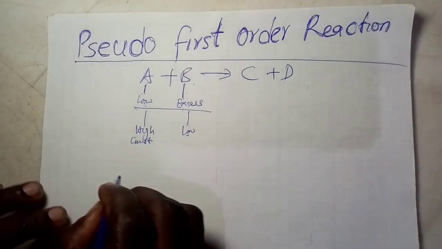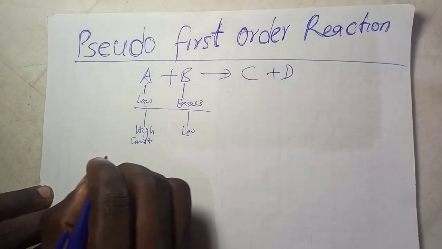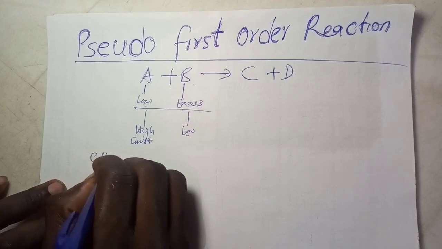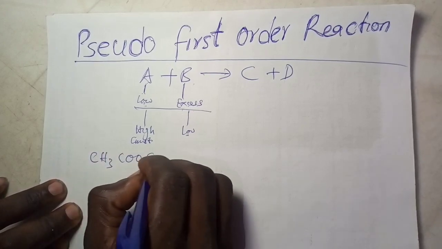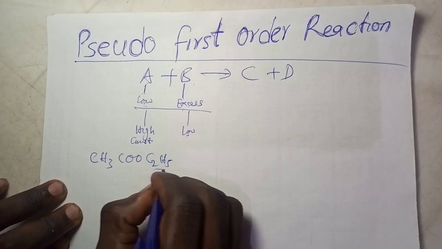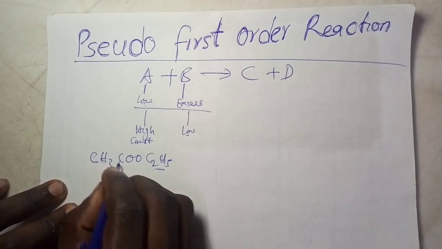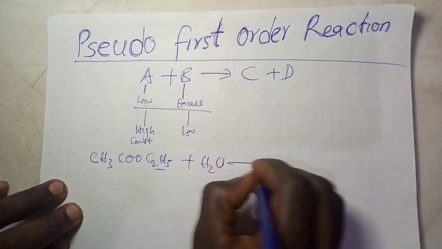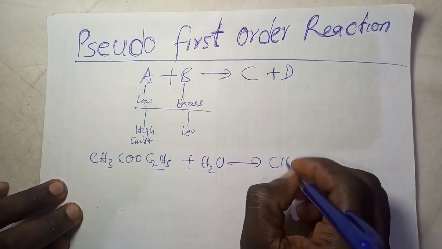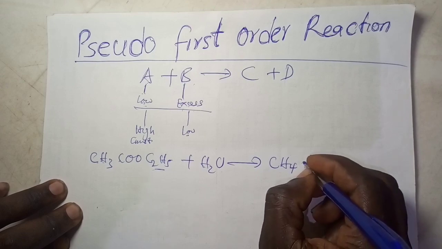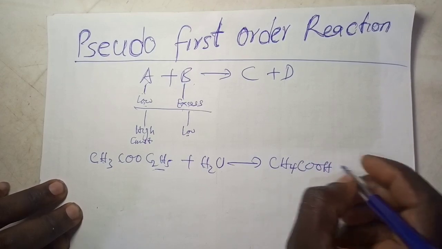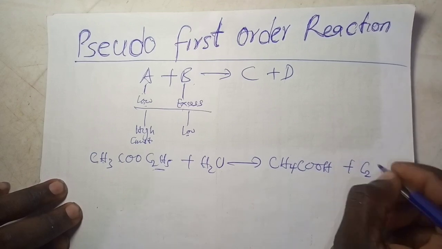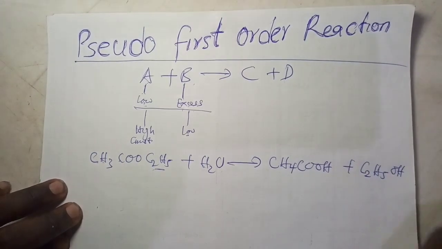Let me give an example. You have ethyl ethanoate. If you hydrolyze it in water, you are going to have ethanoic acid plus C2H5OH.